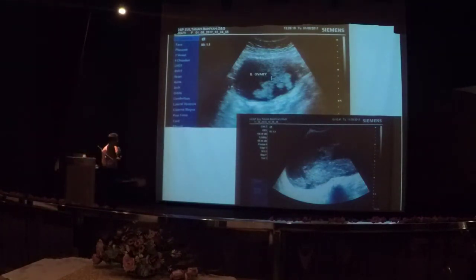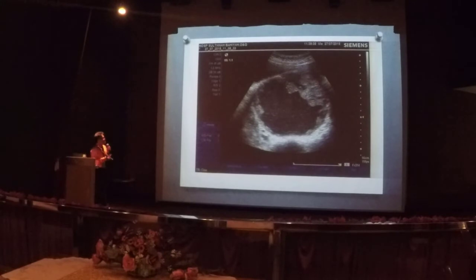This is another example of an ovarian cyst where you have a cyst in the ovary with a lot of solid area within. There are papillary projections, but a lot of solid area. Looking at this kind of appearance, definitely it is not a simple ovarian cyst. This is another example.